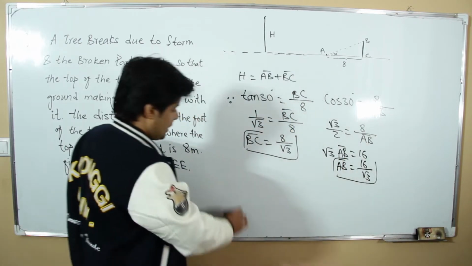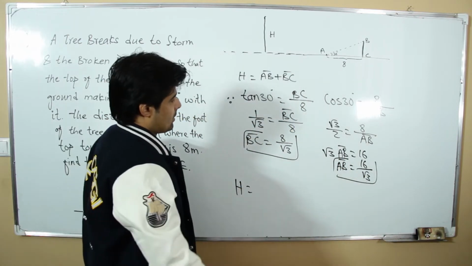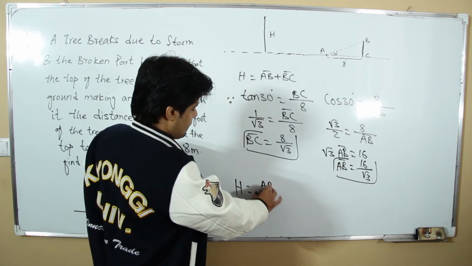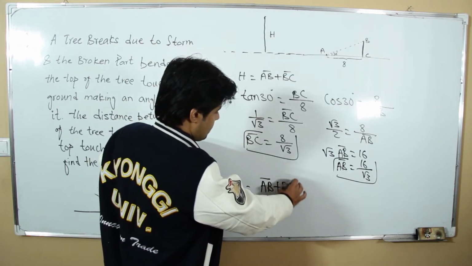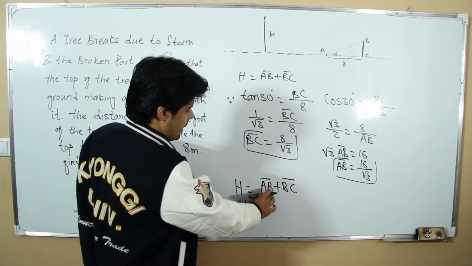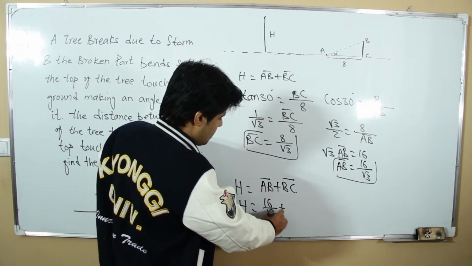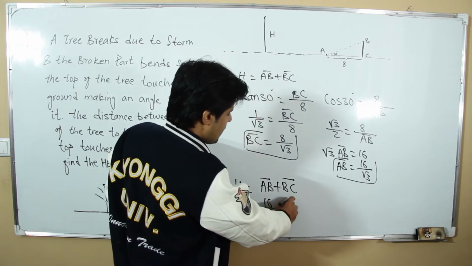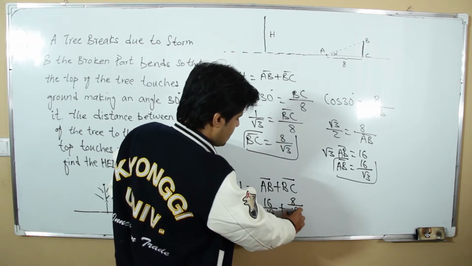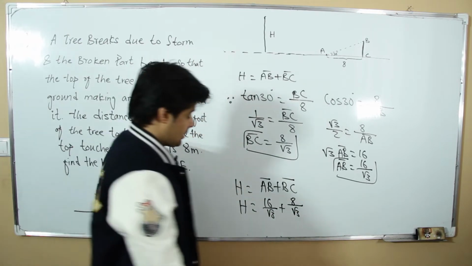Now our height is what? AB plus BC. Height is AB, which is 16 divided by root 3, plus BC, which is 8 divided by root 3. Am I right or not? Yes.